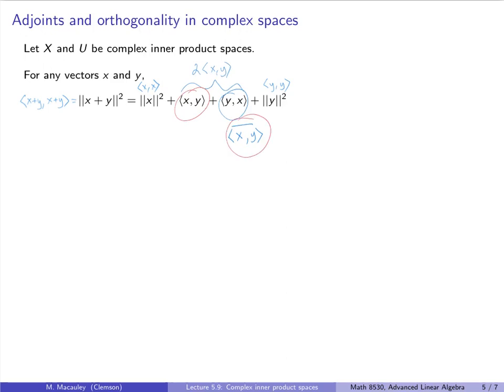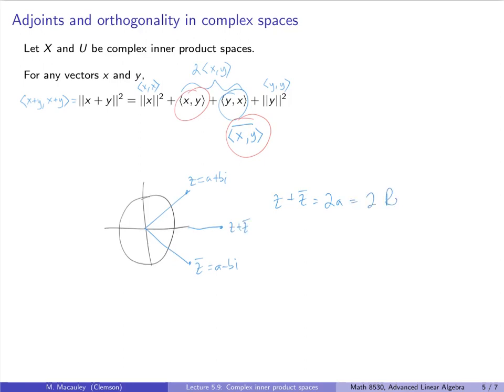And remember what that is in the complex plane. If we have a vector z, which is a plus bi, and we add it to z bar, which is a minus bi, then z plus z bar is just 2a, which is 2 times the real part of z.